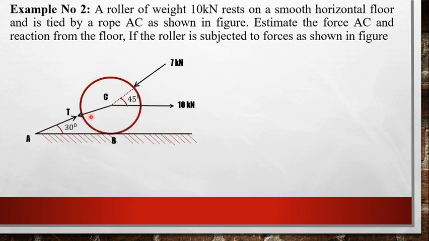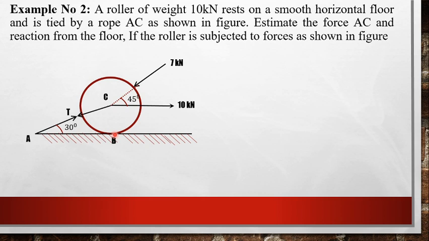Now this is a roller which is having a self weight of 10 kilonewton and is rested over a smooth horizontal floor which is tied to a rope AC. So this AC is a rope. Then what we need to find out is the force in AC.